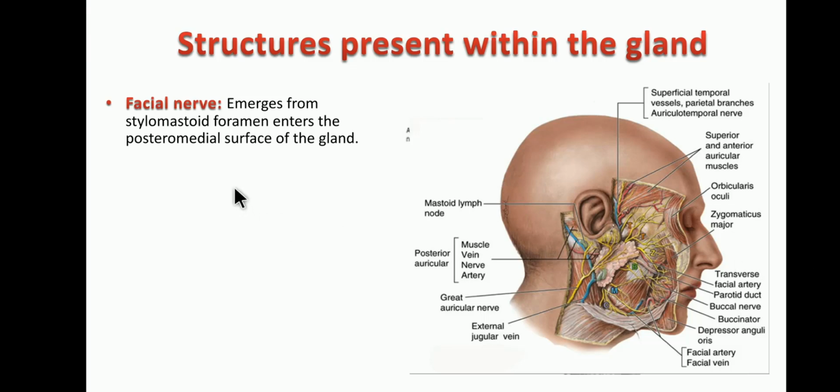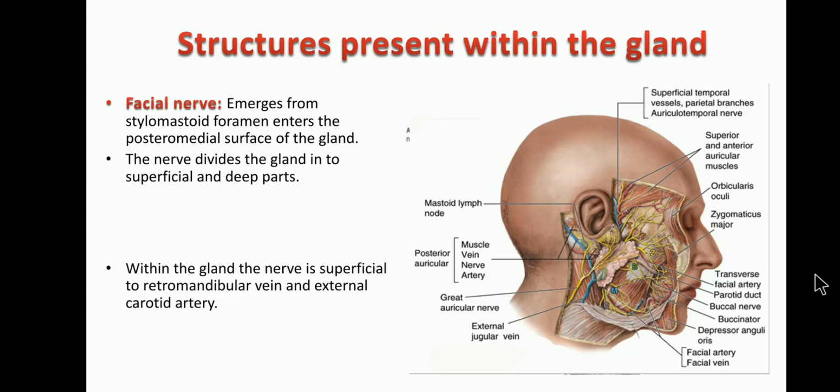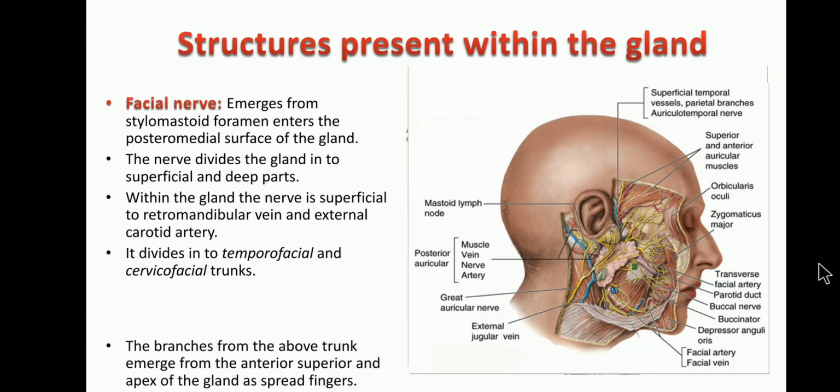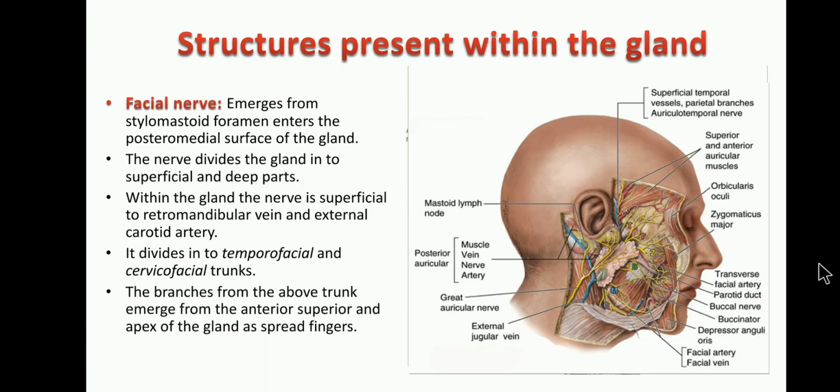First, the facial nerve after its exit from the stylomastoid foramen enters the posteromedial surface and then divides into two trunks: one is the temporofacial trunk and another is the cervicofacial trunk.